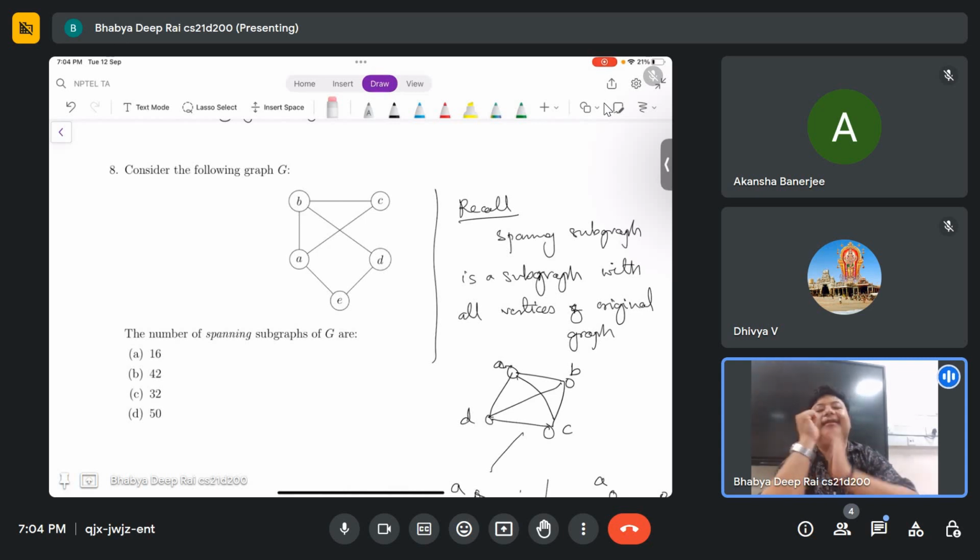So this is the graph, and how do you count the number of spanning subgraphs? And to give you another hint, this is the main thing here.